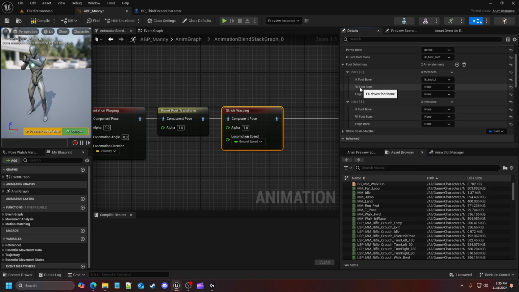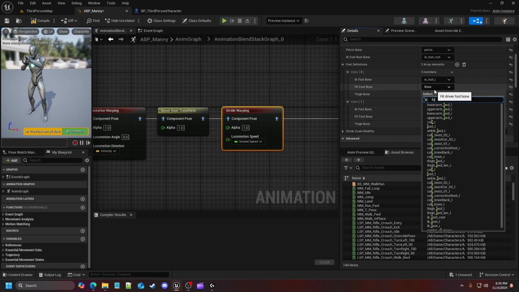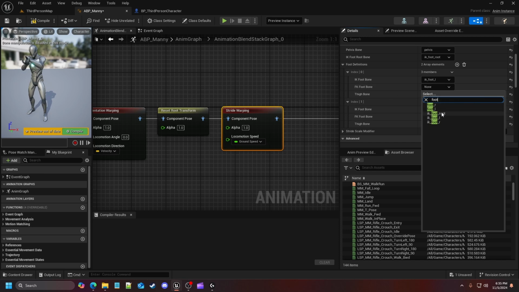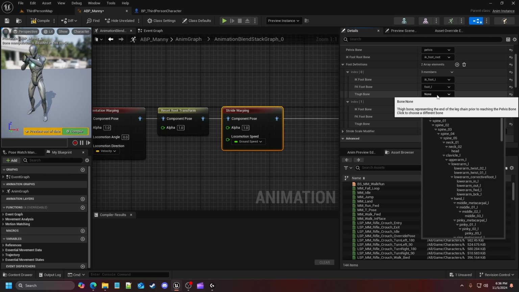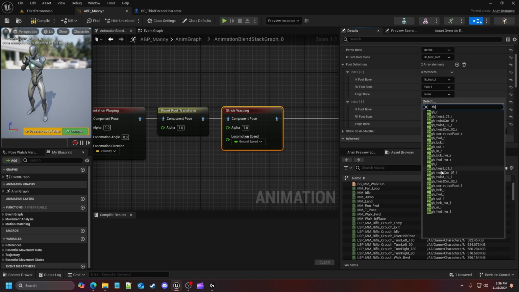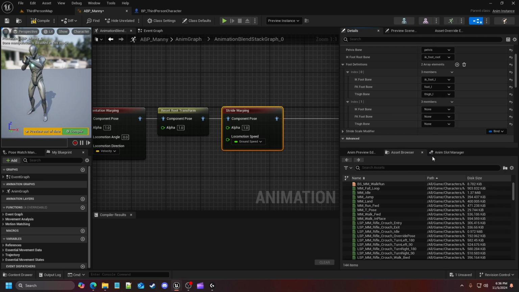And then for our forward kinematics foot bone, basically when you see FK, you're going to set it to the foot of the IK that we set here. Since we set it to IK foot L, we're going to grab our foot L and place it in the forward kinematics foot bone. And then for our thigh bone, we're going to set this to match the side that our feet is on. So we're going to get thigh L for here and set it up just like that.